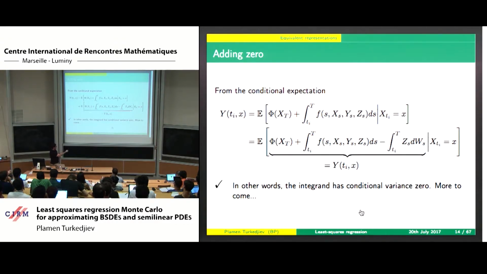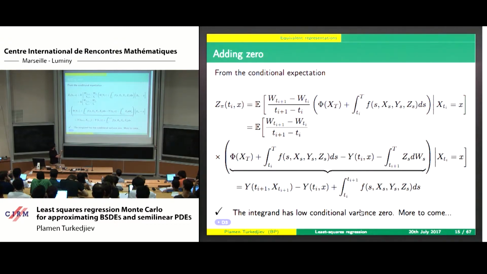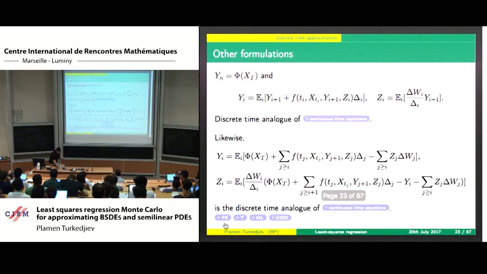So this was the continuous time version for y. And for z, this was the continuous time version. So again, we subtract y and subtract the stochastic integral. Okay, so here we see we subtract y and we subtract the stochastic integral. I keep trying to edit my slides.